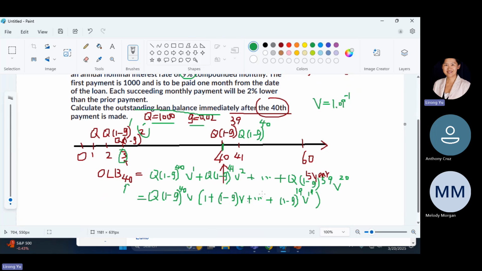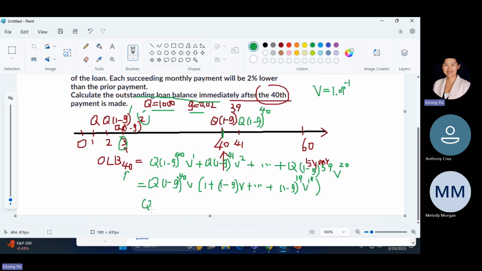And then following our formula, we have Q times 1 minus G to the power of 40 times V, and then 1 minus G times V, in terms of 20 terms, total number of terms 20, so V to the power of 20, divided by 1 minus G times V. 1 minus G, where G is 0.02, is 0.98.